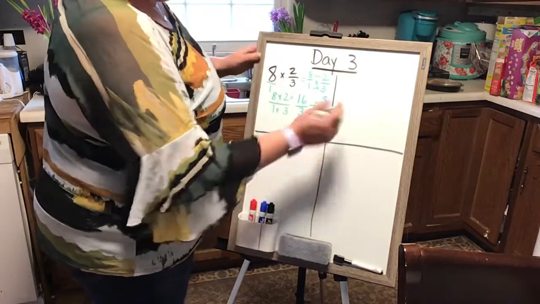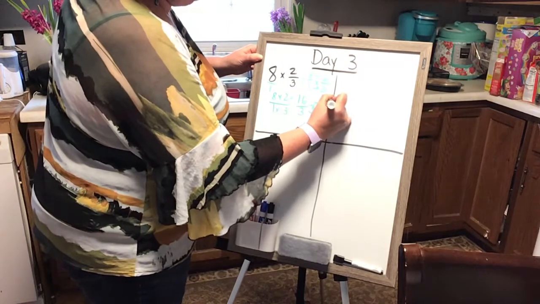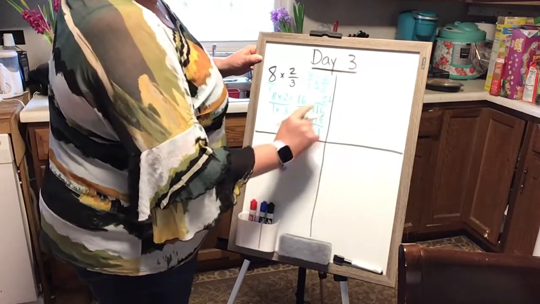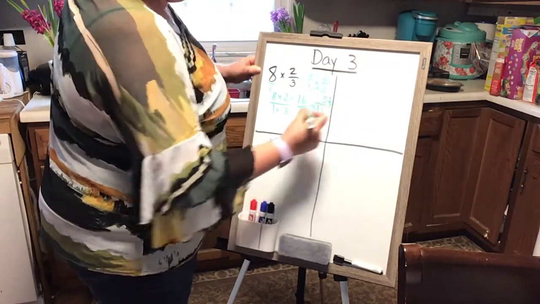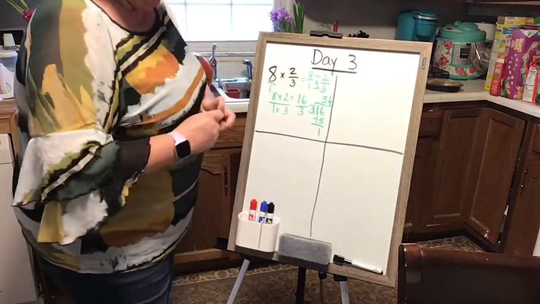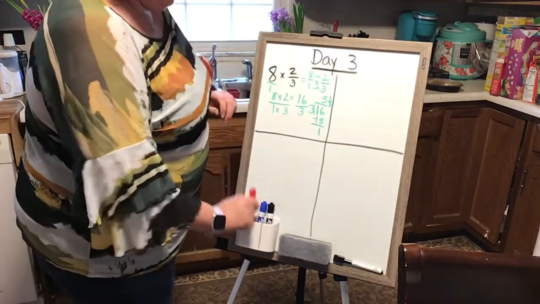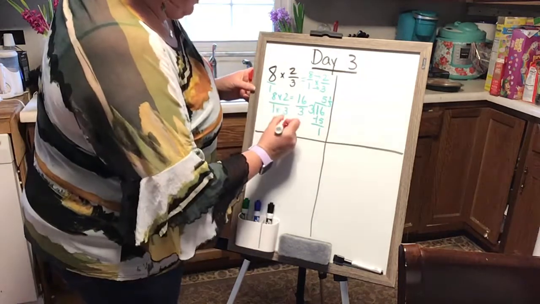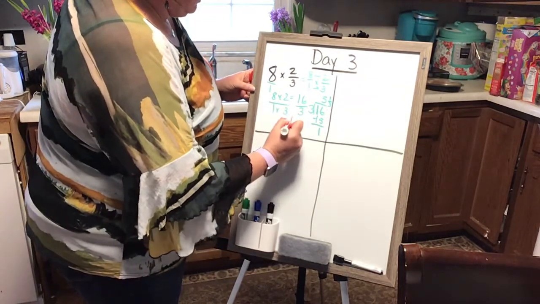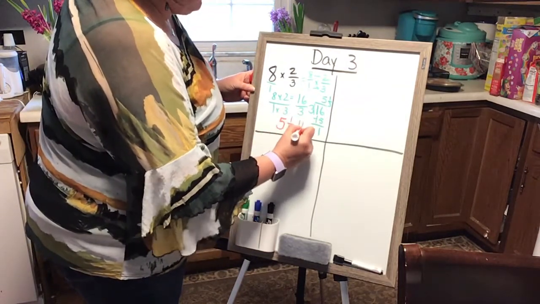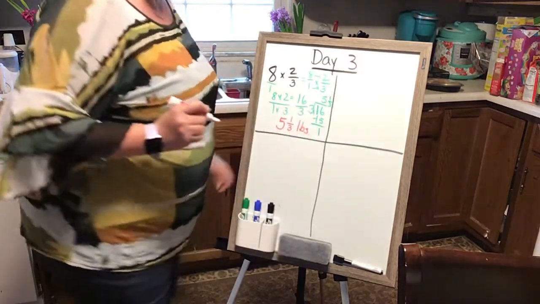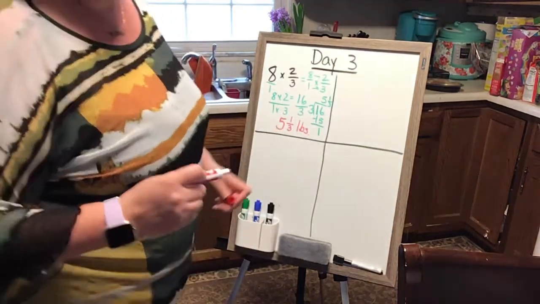So you put the 1 on top as a new numerator, and the 3 remains your denominator. So your answer then is going to be 5 1/3. So you need 5 1/3 pounds of turkey to feed all of those people.